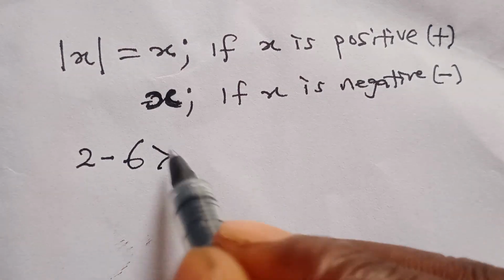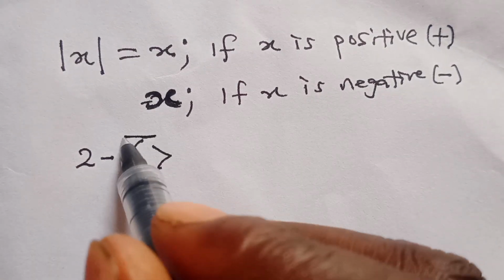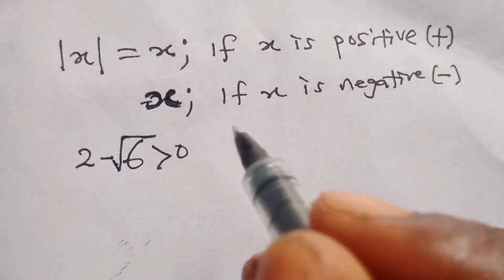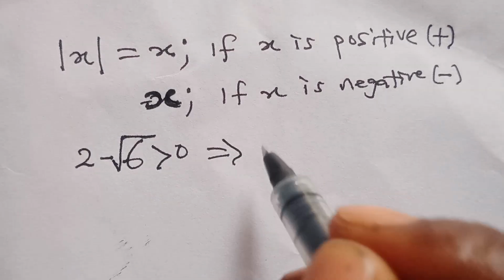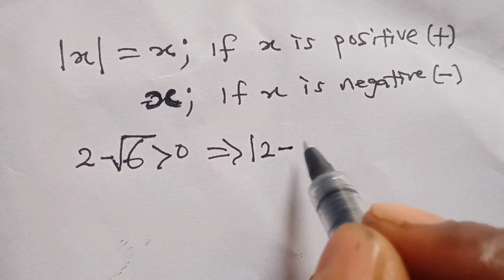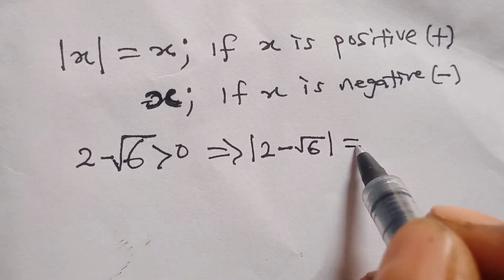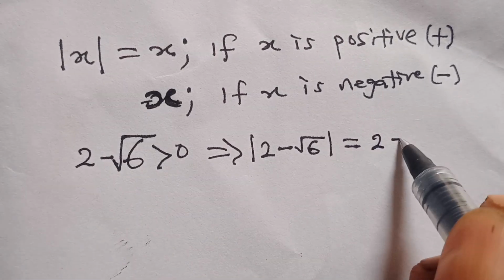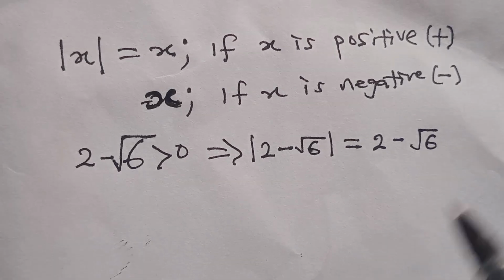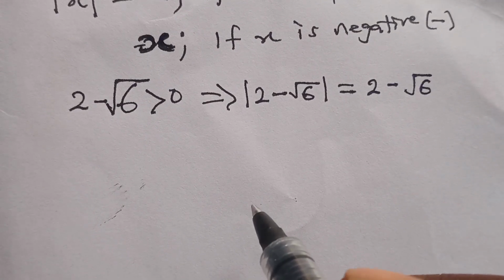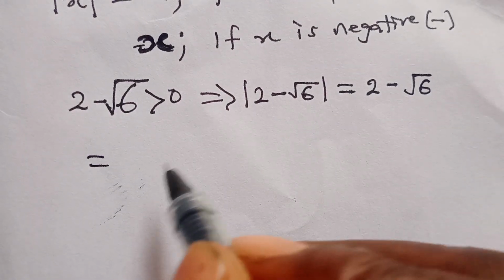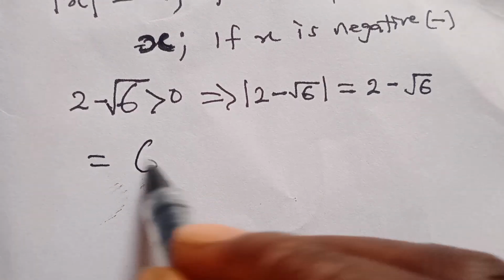If you have minus x there, your result will be positive. If you have plus x there, your result will be positive. But in this case, 2 minus square root of 6 is greater than 0. Fine. So we are safe. Even if it is less than 0, that is, if it is negative, the result will still be positive.